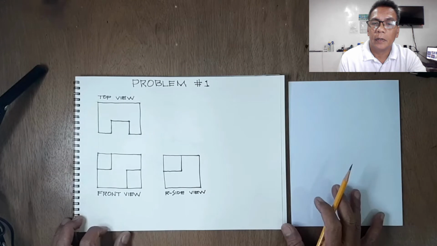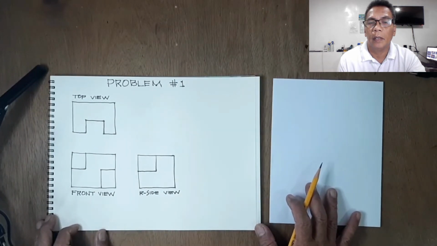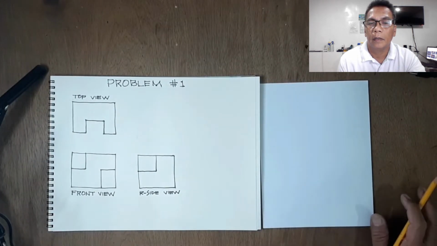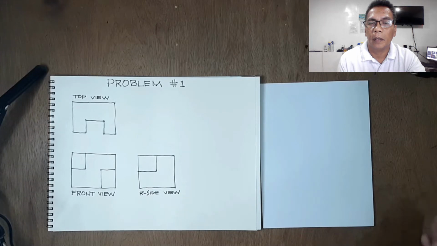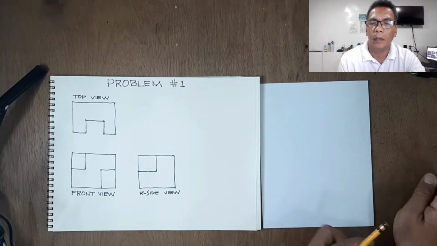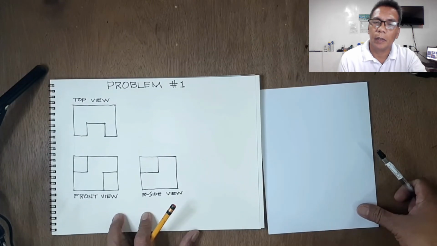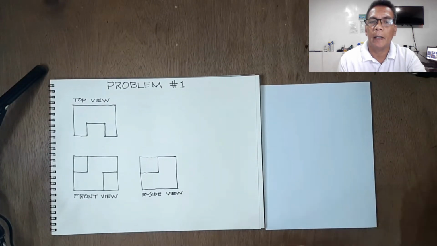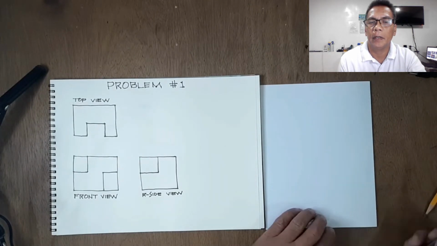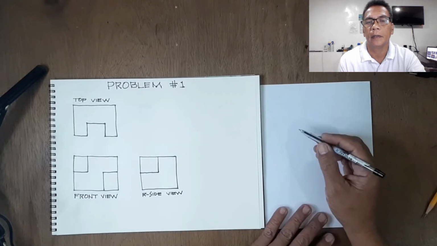Now, during our first lesson, we had our isometric sketching. The reason why we need to do that is for us to be familiar with the sketching of isometric or the pictorial in such a way that you can identify the missing views or missing lines.